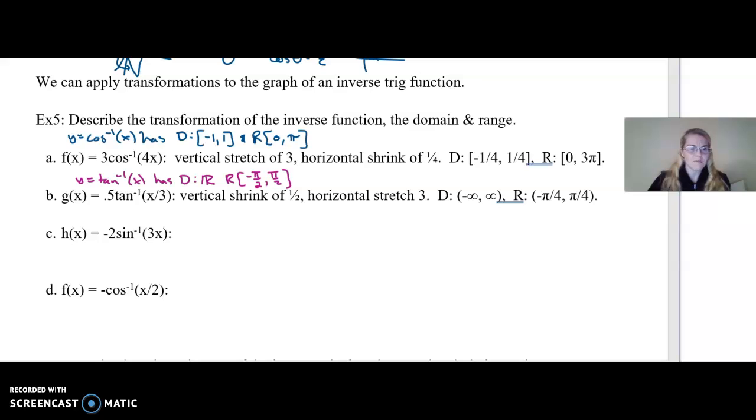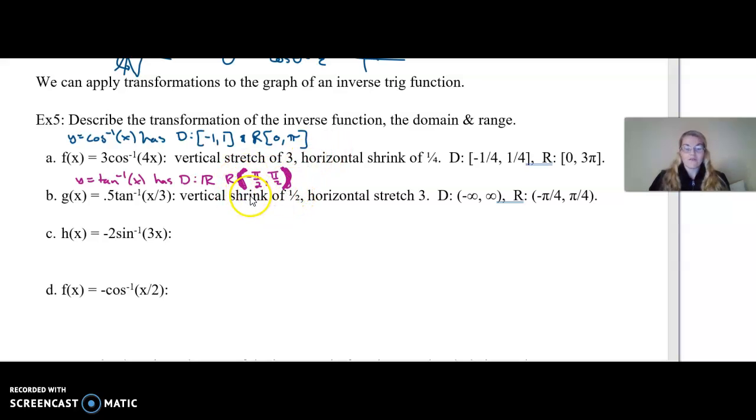Ooh, shame, shame. Tangent has parentheses. I do not actually include pi over 2 and negative pi over 2. That's where I have asymptotes. So when I look at the graph of tan inverse, please fix that. I'm not including negative pi over 2 and positive pi over 2 in the actual range. You never actually get there.